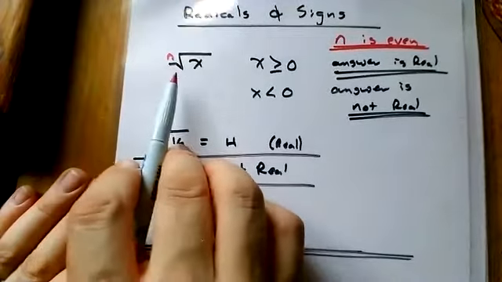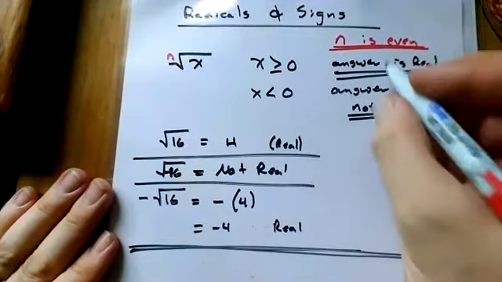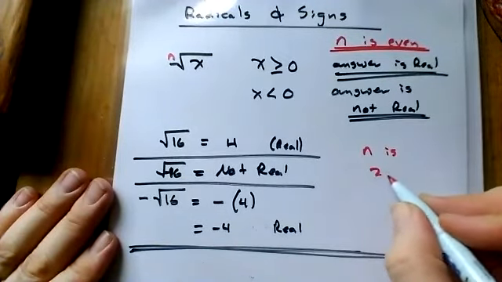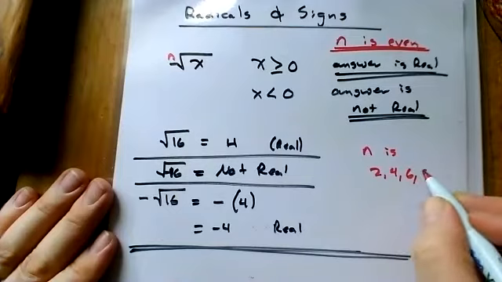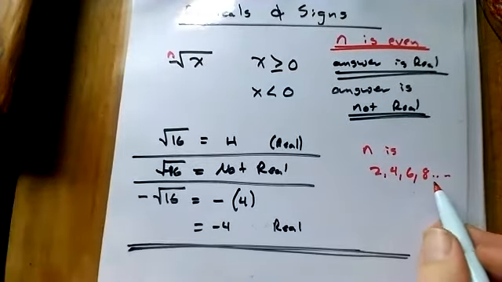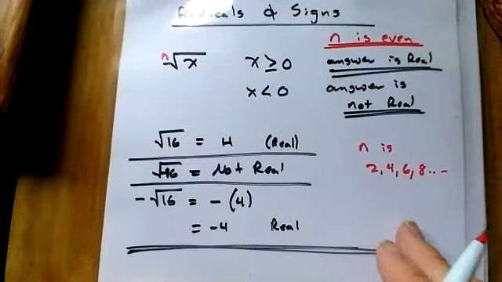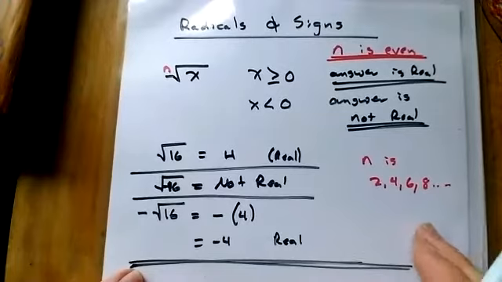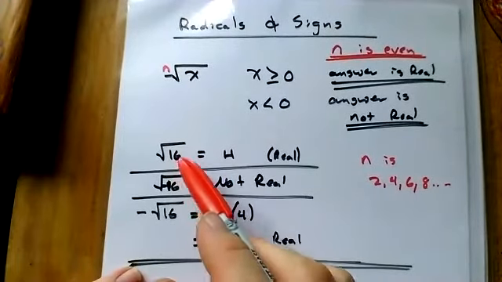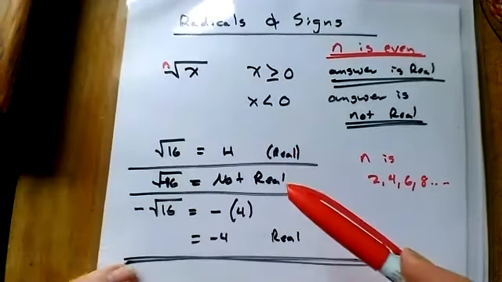As long as we're dealing with an even root, which means that n is 2, 4, 6, 8, or so on. I don't really want to think too hard about like 10th roots, 12th roots, or 44th roots, but I know the same rule applies. As long as I've got a positive number under that radical, then my number is real.